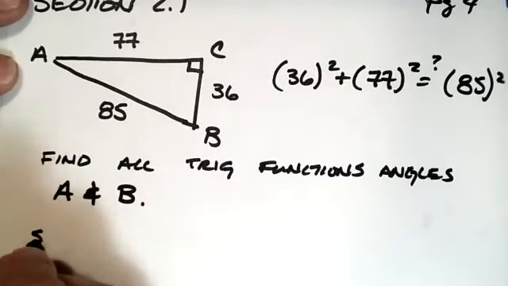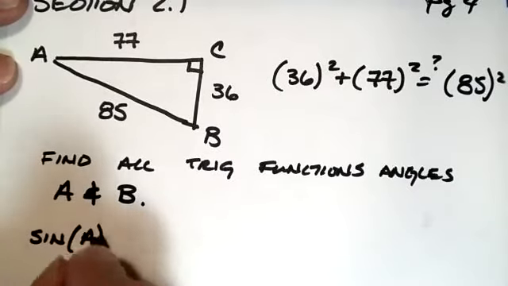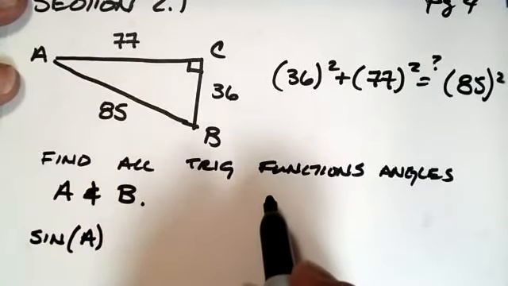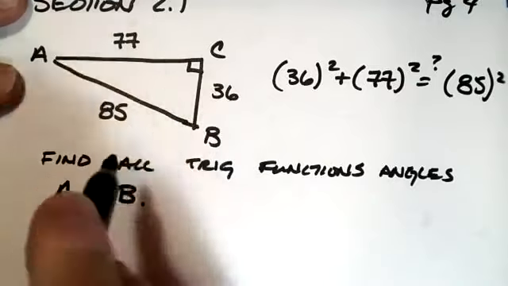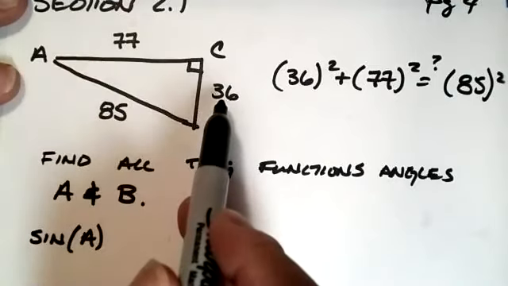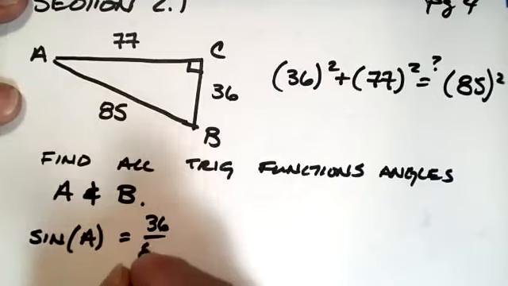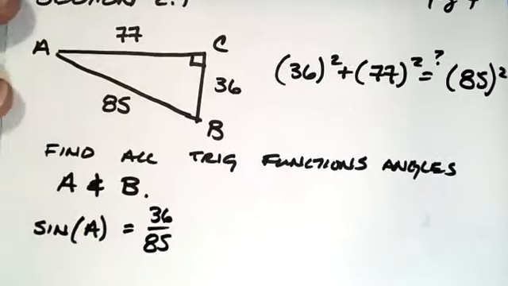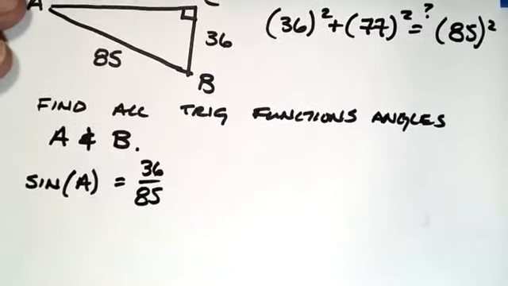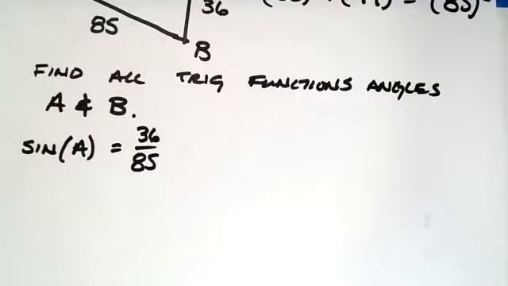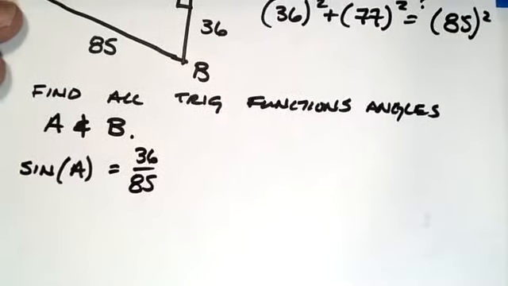Now, sine of A, using our mnemonic, is opposite over hypotenuse. So opposite is 36, hypotenuse is 85. This will be 36 over 85. Don't use a calculator, right? I'm trying to encourage you to never use a calculator unless it's something that's derived from measurement.